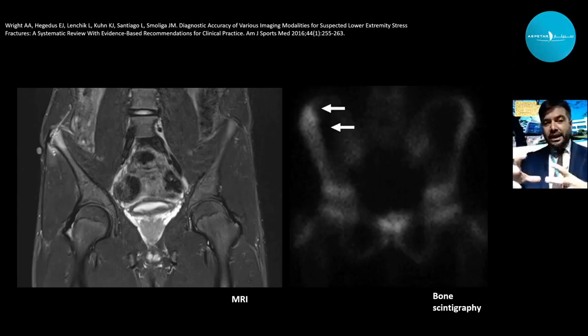You see an uptake in the bone scan, but sometimes it's very difficult to know if it's an inflammation, a bone tumor, or a fracture. However, in MRI, we have much better resolution and detail, and we can assess much better. Plus, the MRI doesn't use radiation, and you don't need any injection.